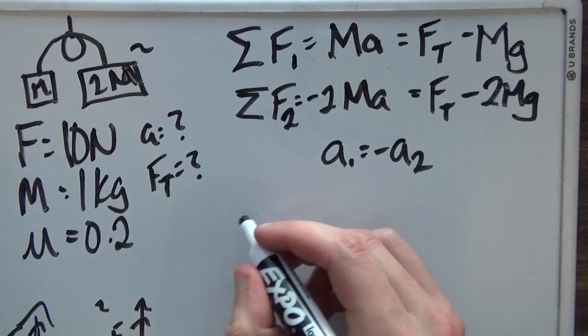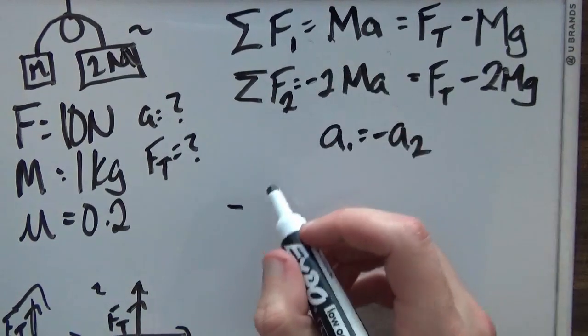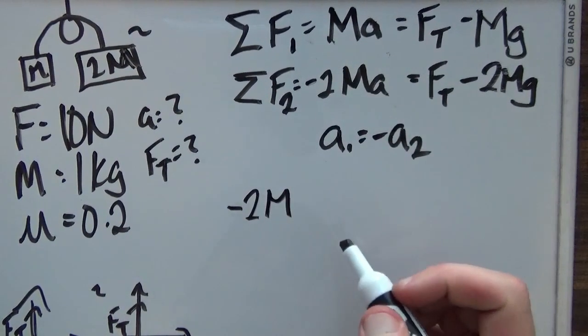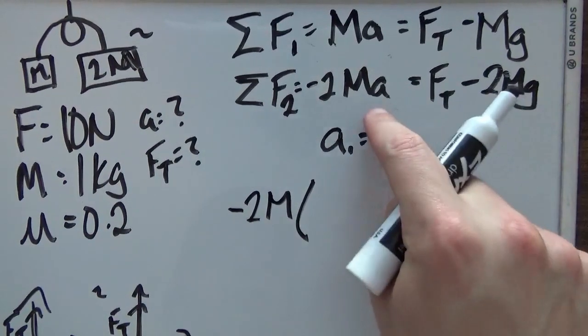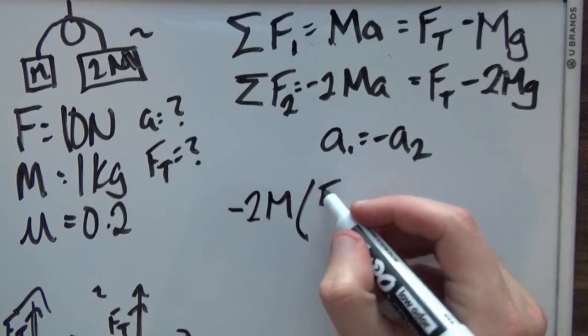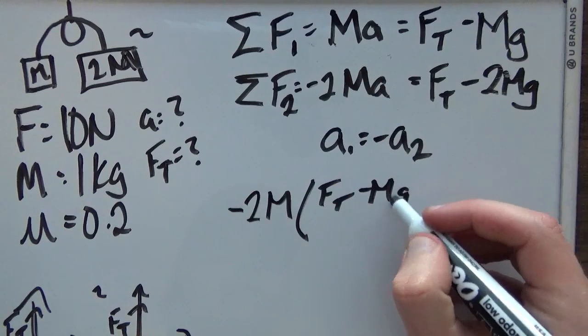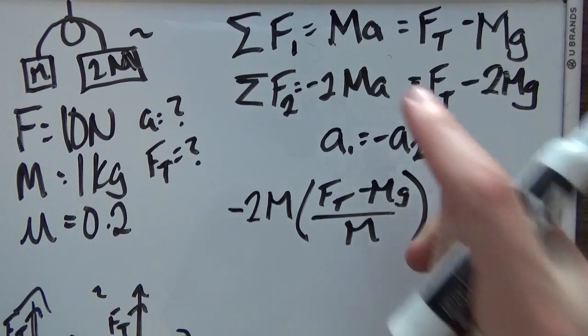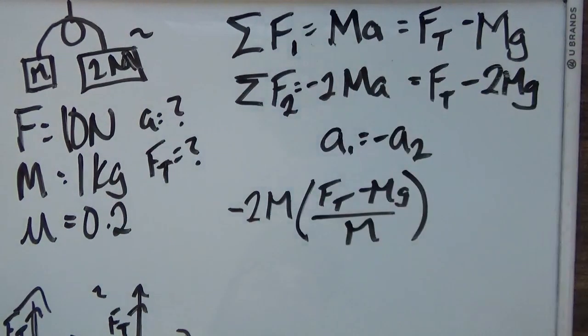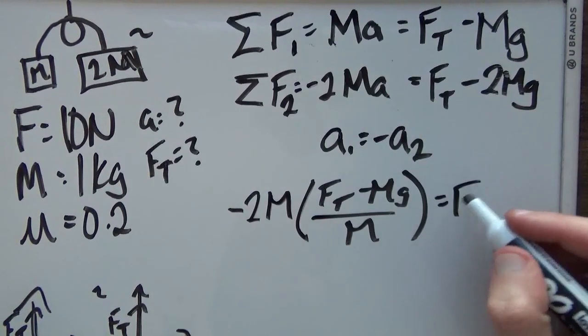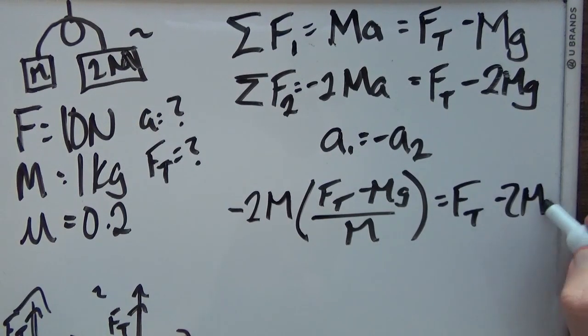So I'm going to cut down on my steps here. So negative 2M, don't forget that negative, we just wrote that, times A. What is A equal to? It's equal to FT minus mg over M, because that's what you would get solving for A here. And that's equal to FT minus 2mg.